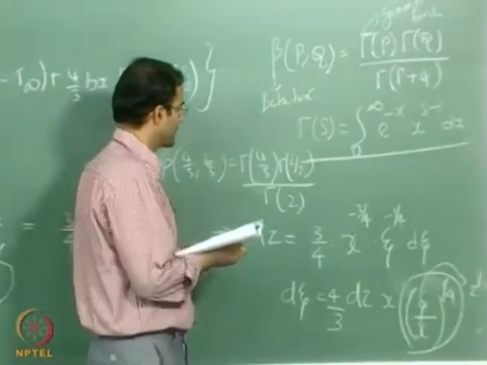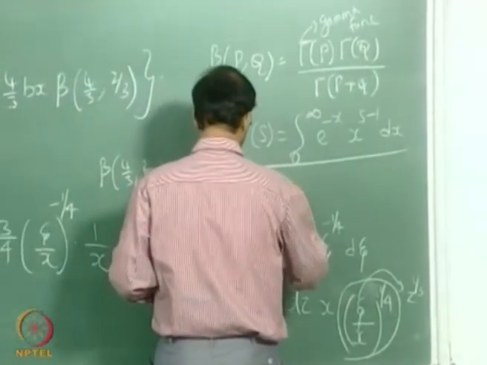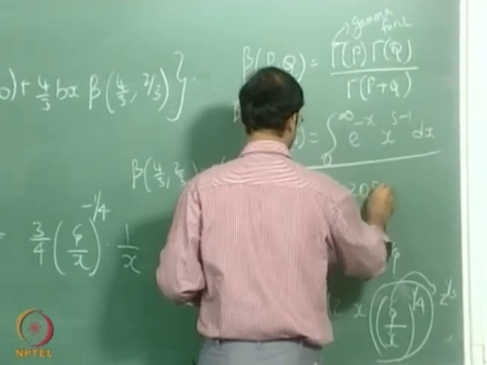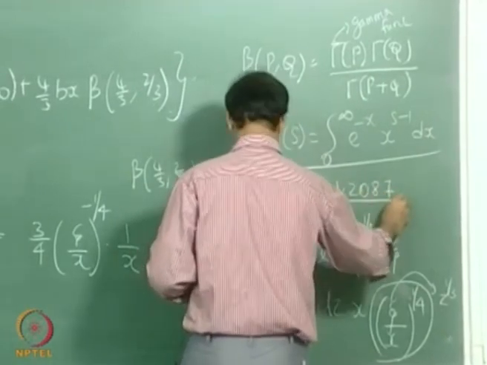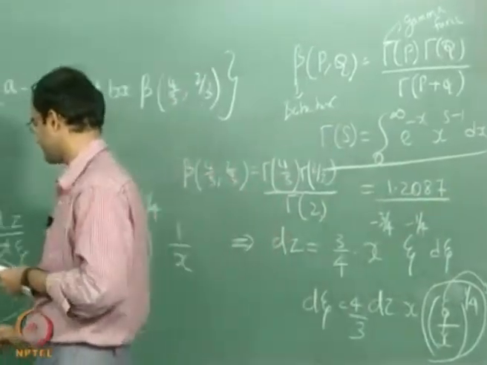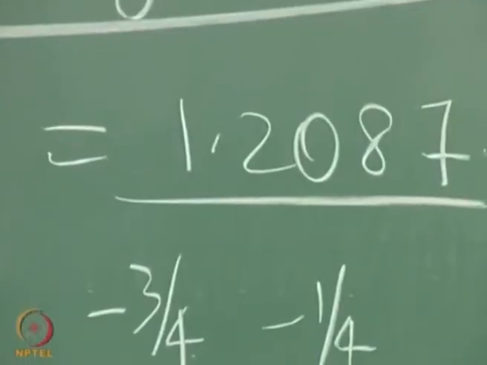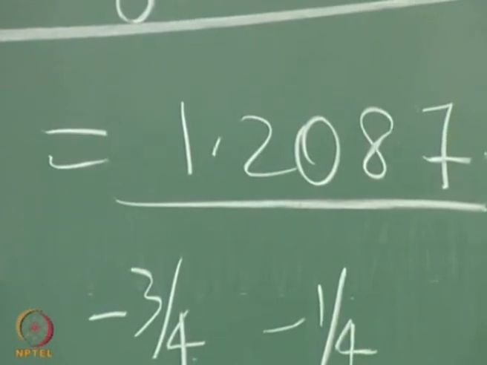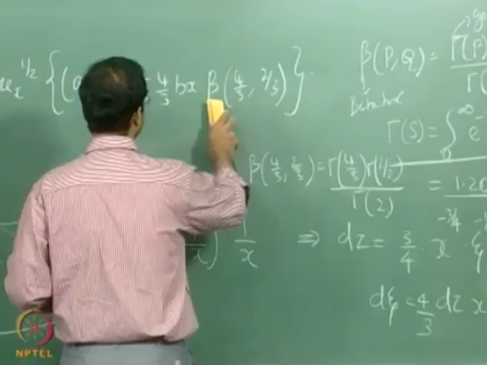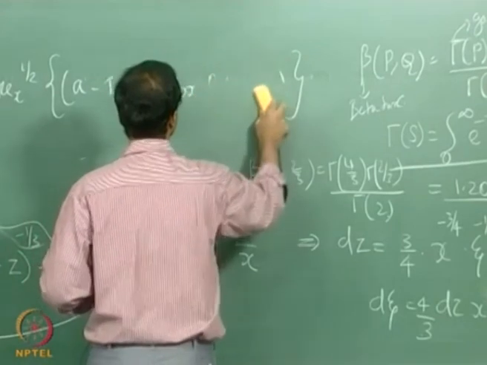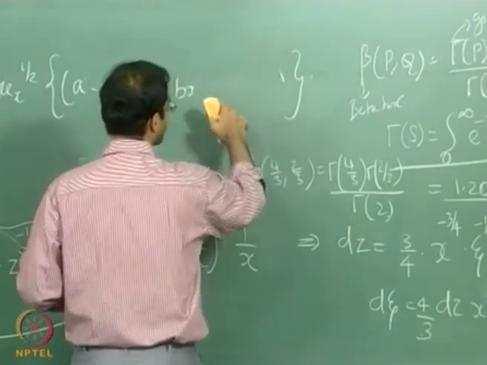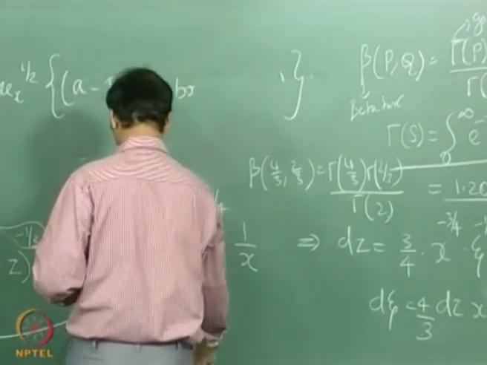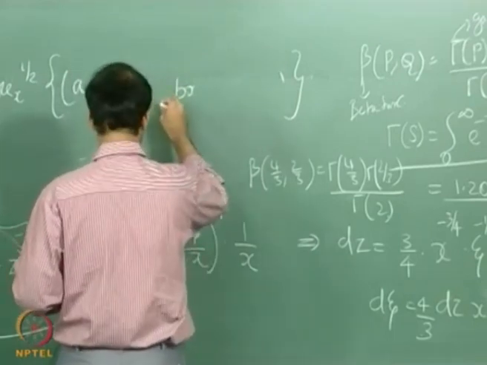So if you plug in, you will get beta of 4 by 3 comma 2 by 3 as 1.2087. This is the resulting expression for beta 4 by 3 comma 2 by 3. If you substitute that value into this, 1.2087 into 4 by 3 comes out as 1.612.